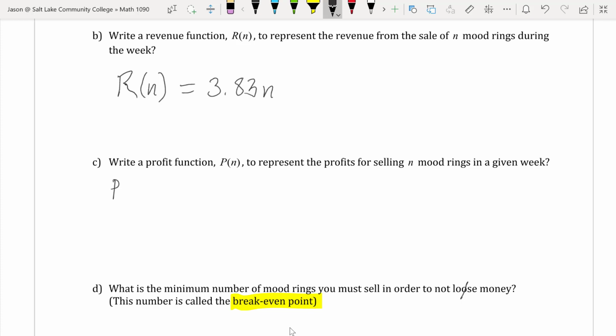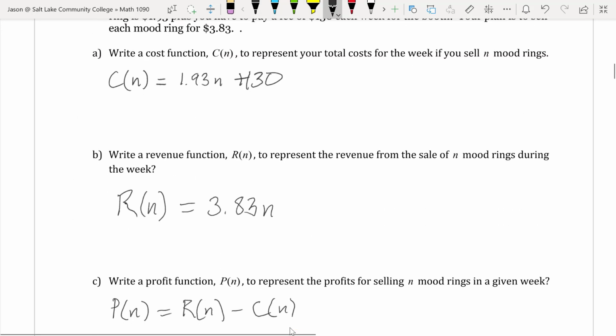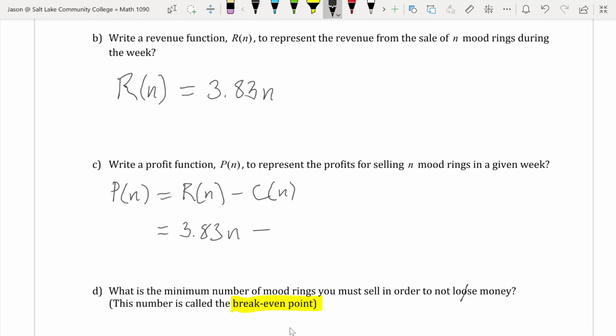So profit, this is revenues minus the costs, or in this case this is going to be 3.83n minus, let me just check, it was $1.93. So minus the entire costs, which is 1.93n plus 130.